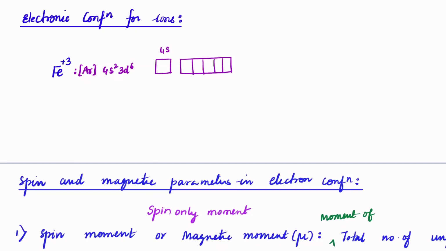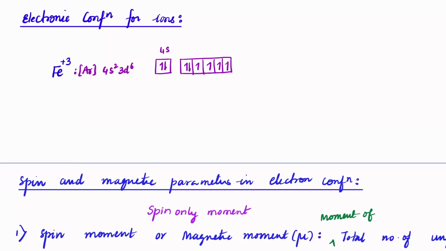Now, following Aufbau rule, we have 2 electrons here. I'm writing first for iron. Iron is 26, so for iron 26 we have 4s2, then we have 3d6. This is how the electrons are distributed.